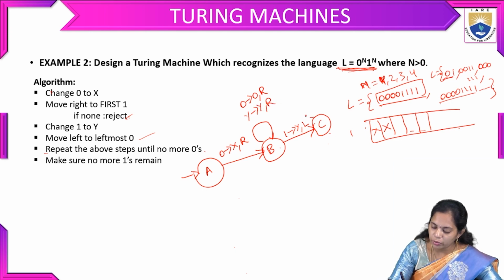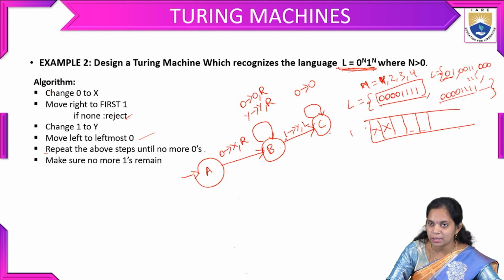And here also, if we have 0 input symbol we have to replace it with 0. After 1 is replaced with Y, we have to move to the left direction.